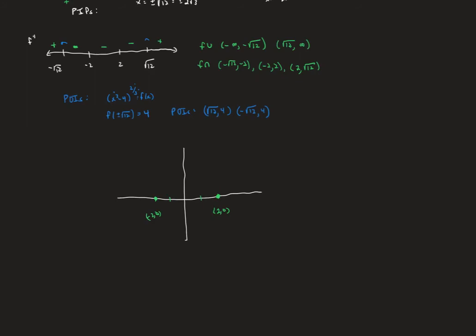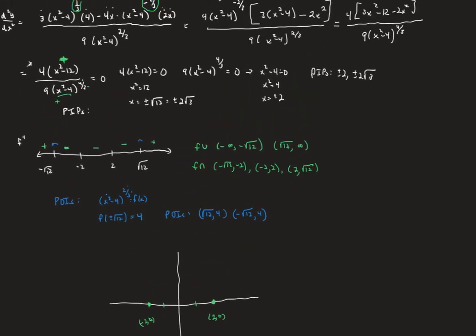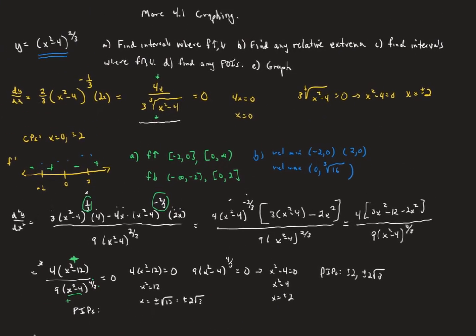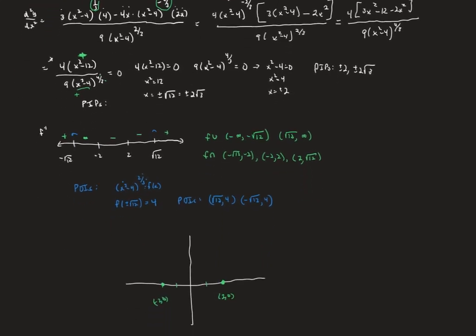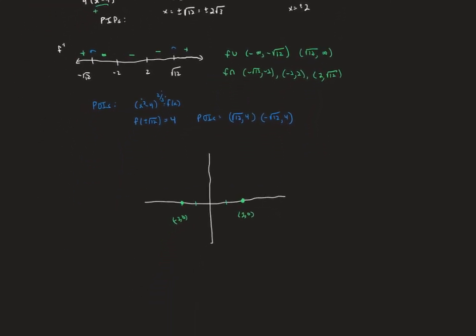Our relative maximum was, I'm going to scroll back up, here we are, 0 cube root of 16. Well, the cube root of 8 is 2, and the cube root of 27 is 3. So it's in between 2 and 3. So I'm going to call it right in there, and that's 0 cube root of 16.